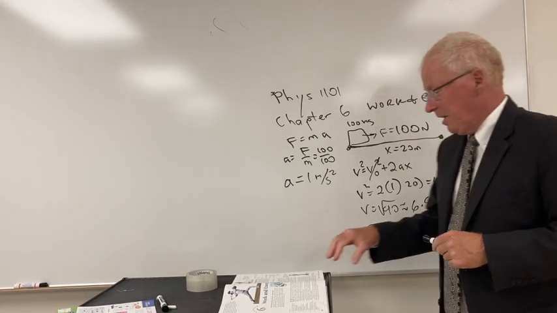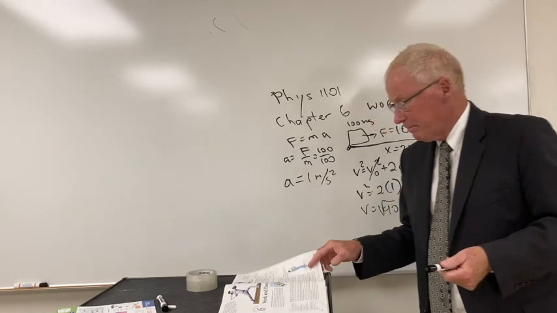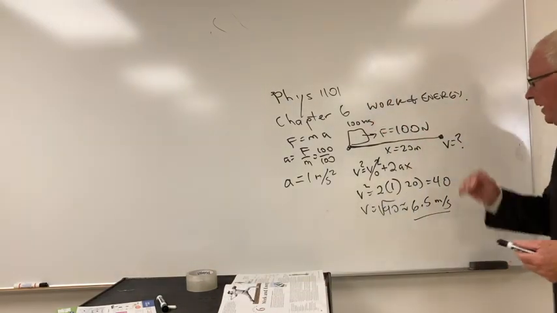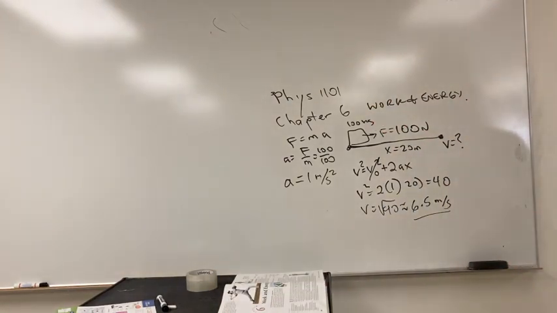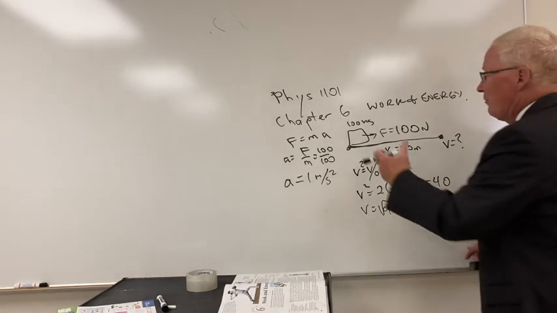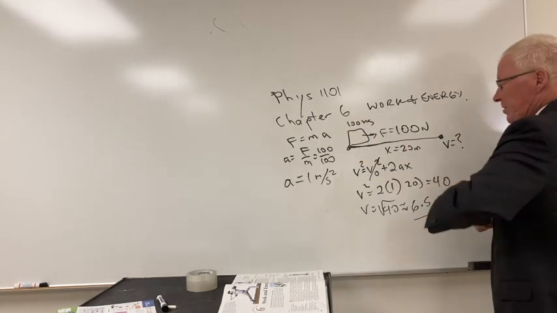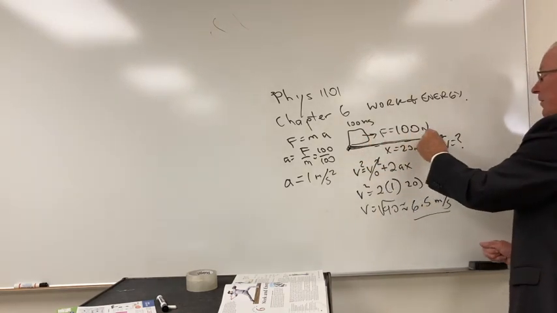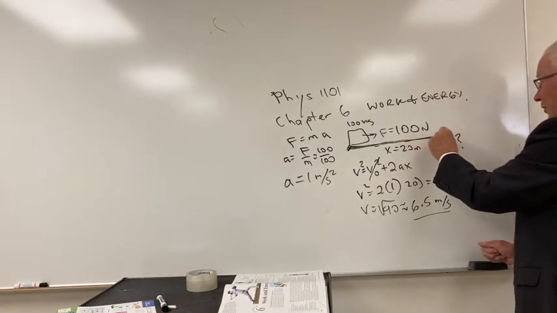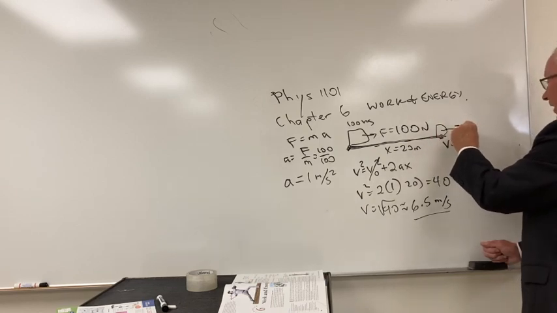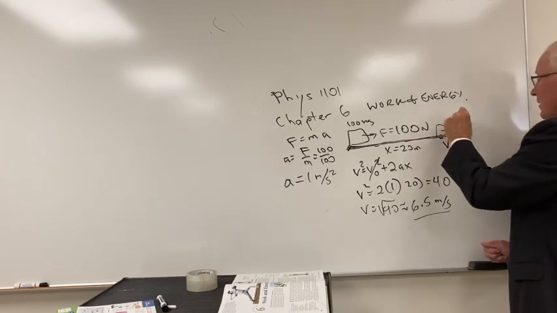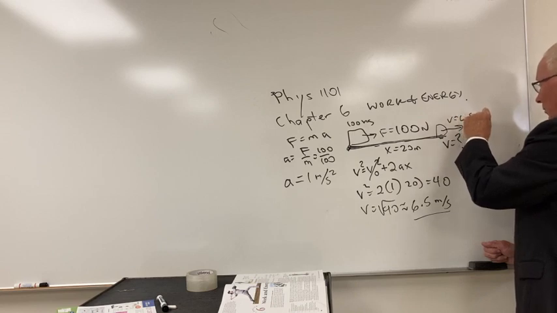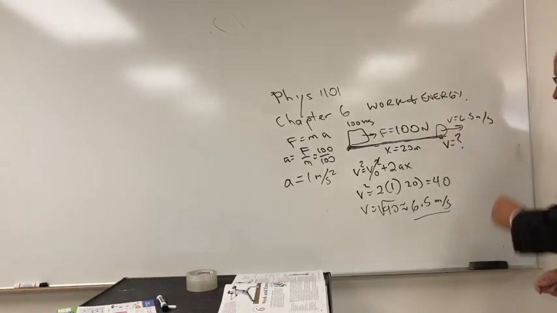Now we're going to get into this concept of what we call work and energy. And as you realize, if this is a frictionless surface, you accelerate it to this amount, and then you let go of it, and it's going to slide at a speed of 6.5 meters per second, more or less, for all time.